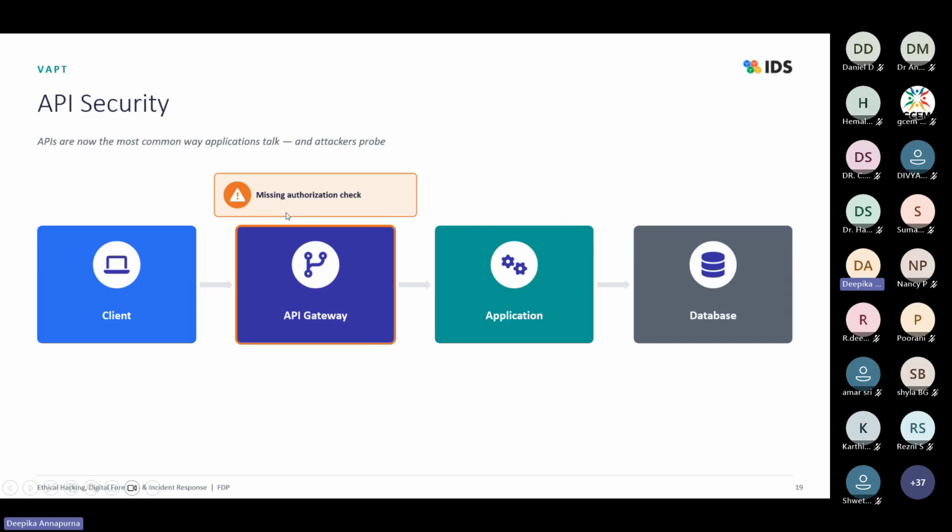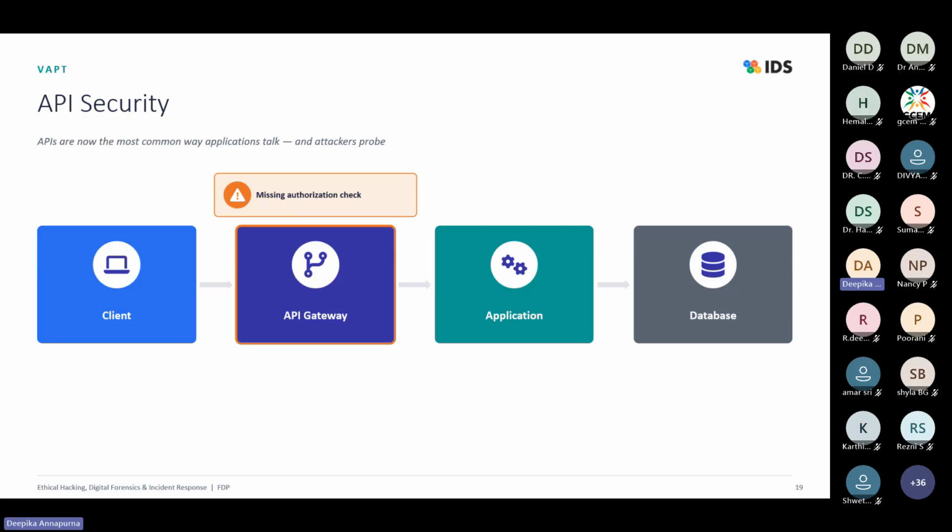Going to the next slide. API security. Nowadays, every application is talking to APIs. Every application is taking leverage of APIs nowadays. So every application is depending on APIs, so APIs are the main source of attacks. Okay. Let's say what is an API? For example, if you're going to a restaurant, you will try to order your food, right?